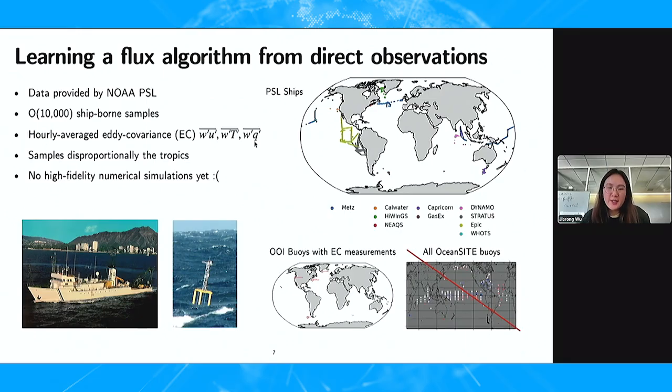Basically, they measured the high frequency fluctuation of all these turbulent components, and they computed this eddy covariance with hourly averaging. And these are the data that all the bulk algorithms we use are fitted to.